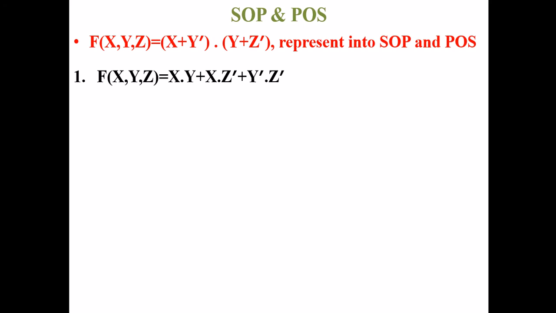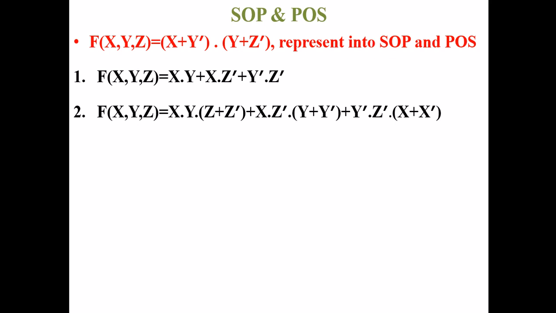For the first case it is z, so you will have xy, xz, so you just need to multiply them: xy and xz complement, plus y complement will be 0, and y complement z complement.